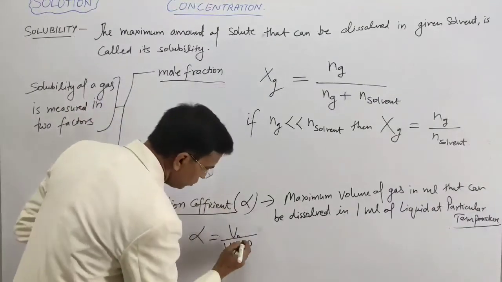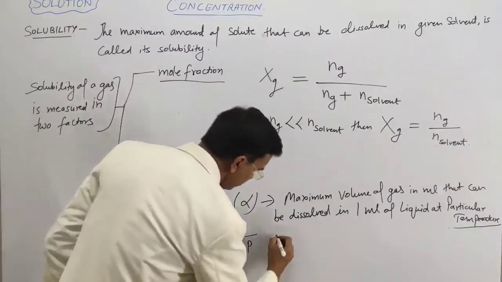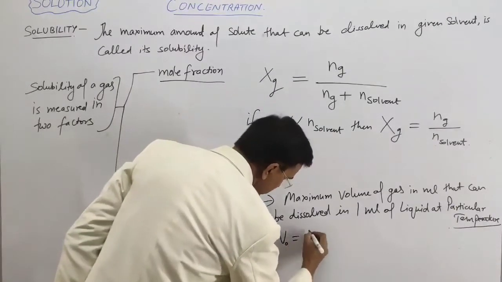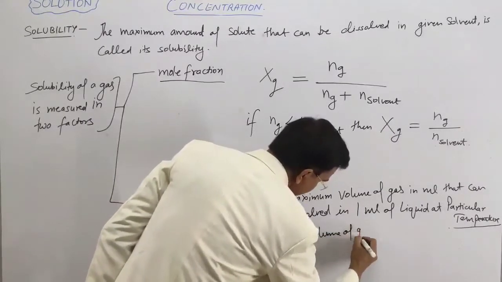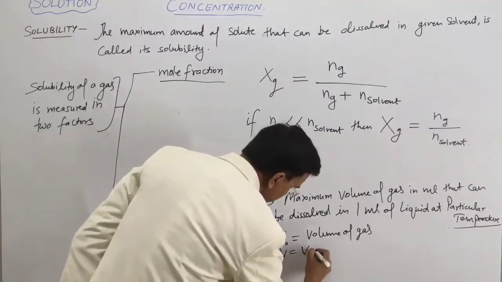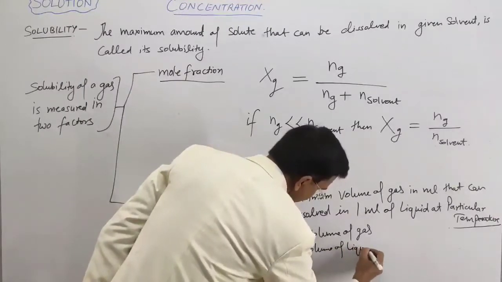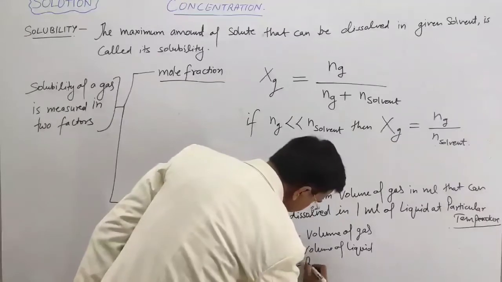Here V0 is the volume of gas, V is the volume of liquid, and P is the partial pressure of gas.